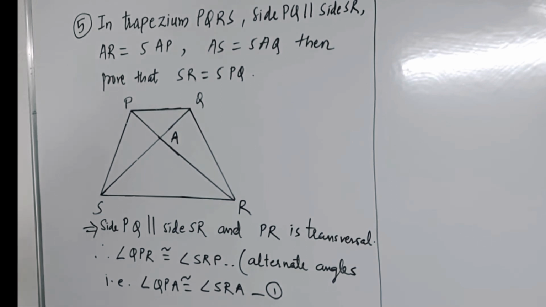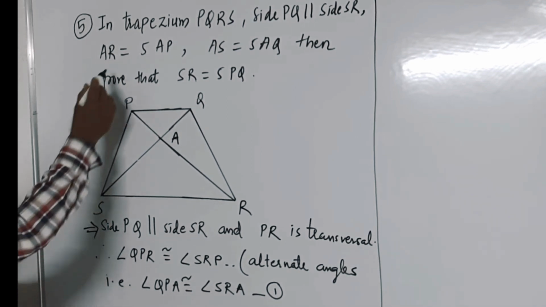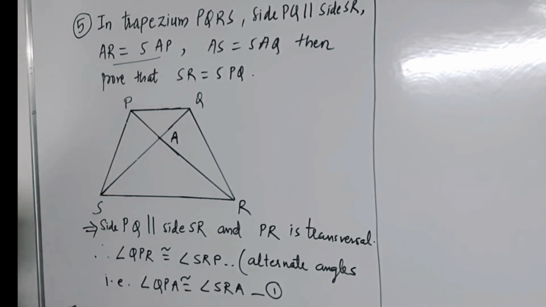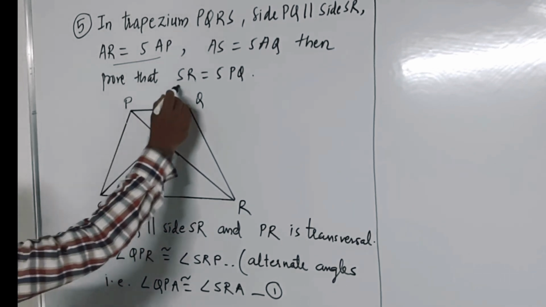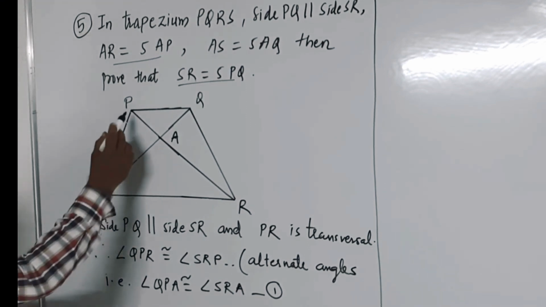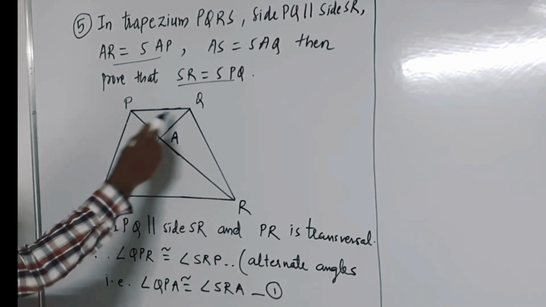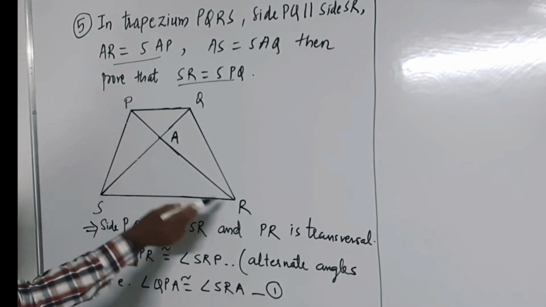Example: in trapezium PQRS, side PQ is parallel to side SR. AR is equal to 5 times AP and AS is equal to 5 times AQ. Then we have to prove that SR is equal to 5 times PQ. Now let us consider here in trapezium PQRS, PQ is parallel to SR and line PR is the transversal.